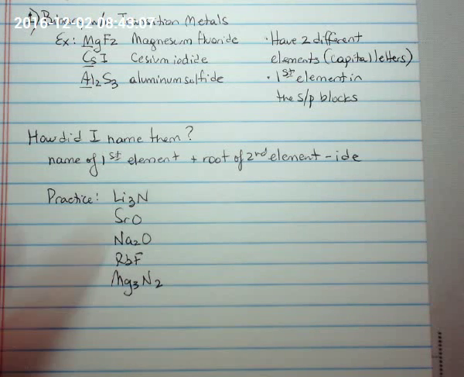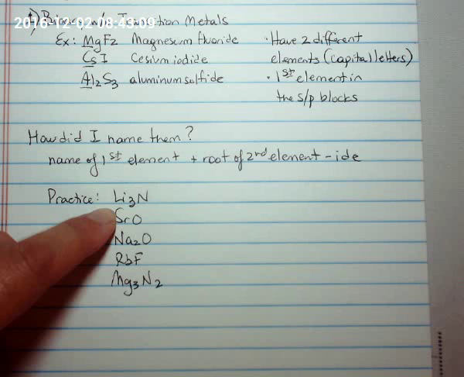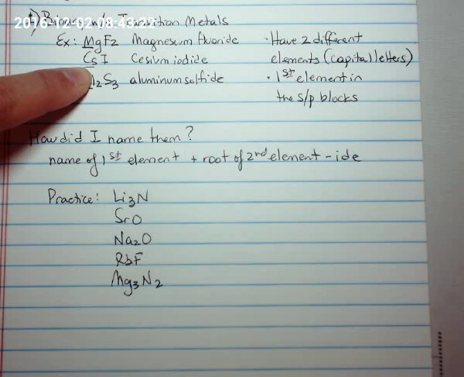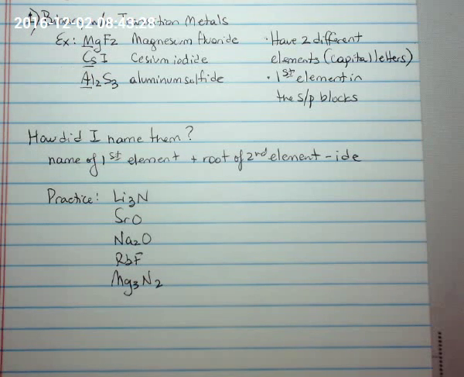So you don't call this trilithium mononitride, right? We don't do that for this. Those subscripts are determined by the charges. All right? And I didn't do that in the prior examples, did I? Did I use anything in the name to tell you how many there are? Completely unnecessary. All right, so give it a minute.